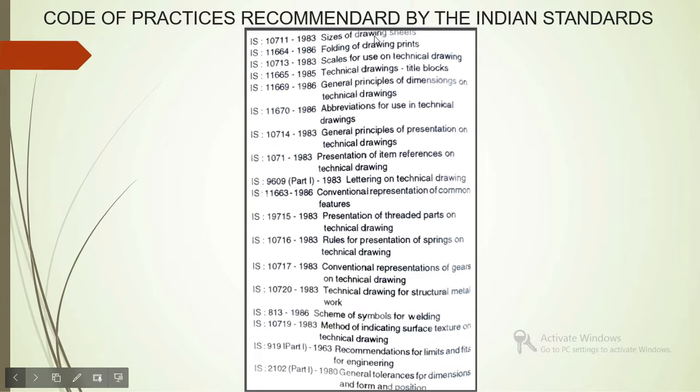First, size of the drawing sheets. For example, A4, A3, A2, A1 are controlled in the standard IS 10711. Folding of drawing prints: the method of folding an A1 sheet is provided in Indian standard 11664.